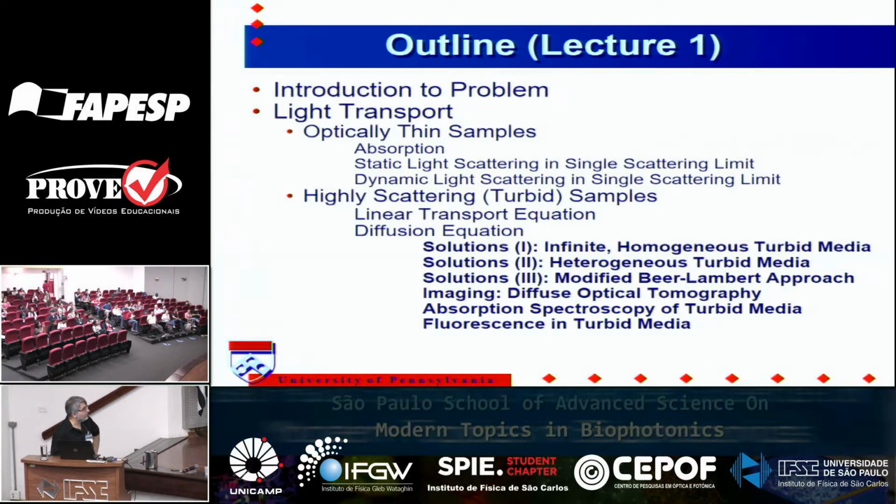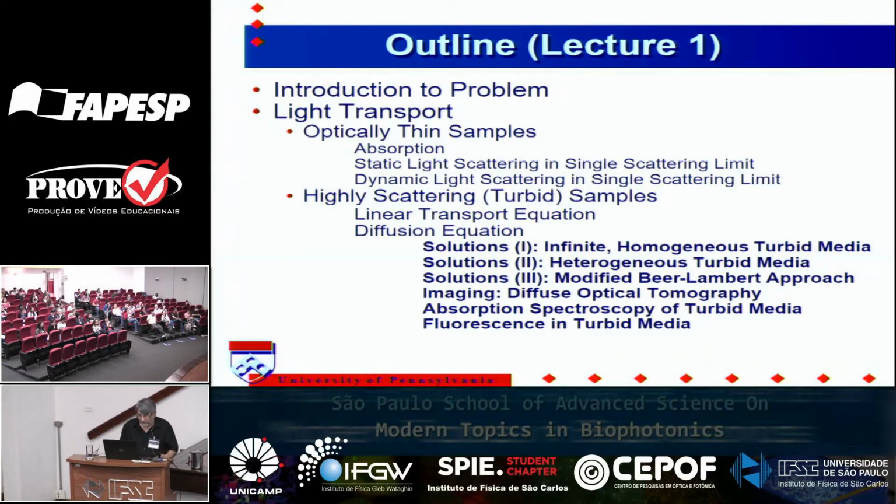We'll talk about solutions, and boundary conditions and things like that, and other simpler approaches like the modified Beer-Lambert approach to analyzing diffuse optical data from turbid media like tissue. Then I'll finish off with getting closer to looking at physiology, namely I'll talk about absorption spectroscopy and fluorescence imaging, or fluorescence measurements in turbid media.